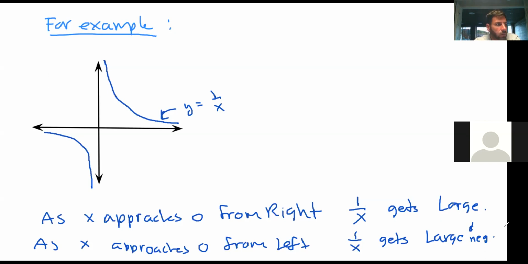So what this suggests is some new notation. It suggests some new ideas. For example, the smaller x gets, and you could even make a table to verify this, 1 over x keeps getting bigger, bigger, and bigger. And so the graph makes some suggestions of new notation.